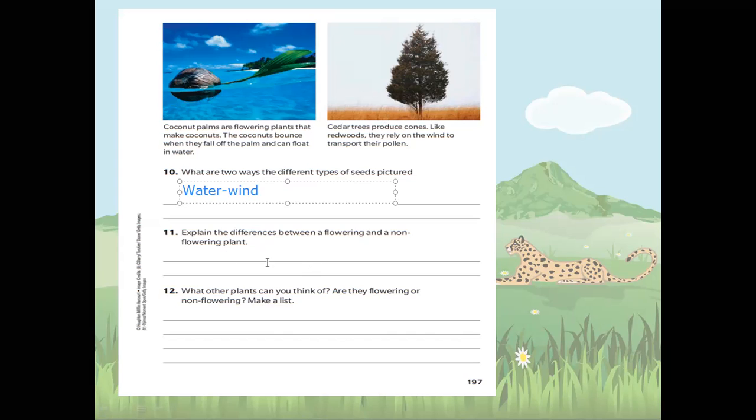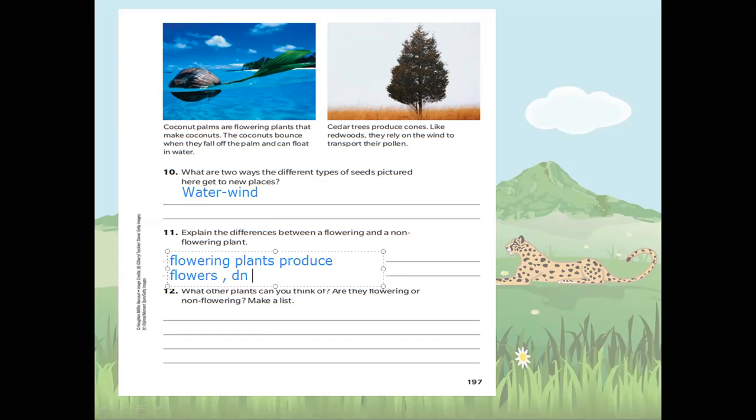Explain the differences between flowering and non-flowering plants. Flowering plants produce flowers and fruits, while non-flowering plants produce cones.